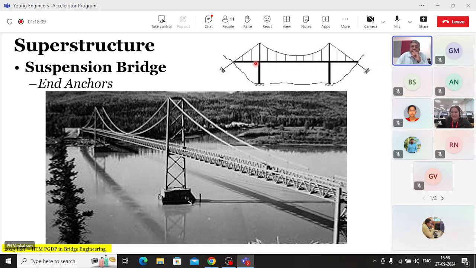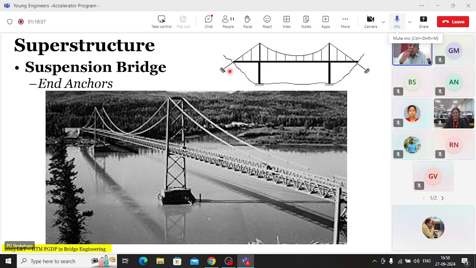Deck is supported by the cables. Yeah. How did you accept the arch? Deck is supported by the arch, and the deck is also supported by the tie, and the tie was able to take the force.